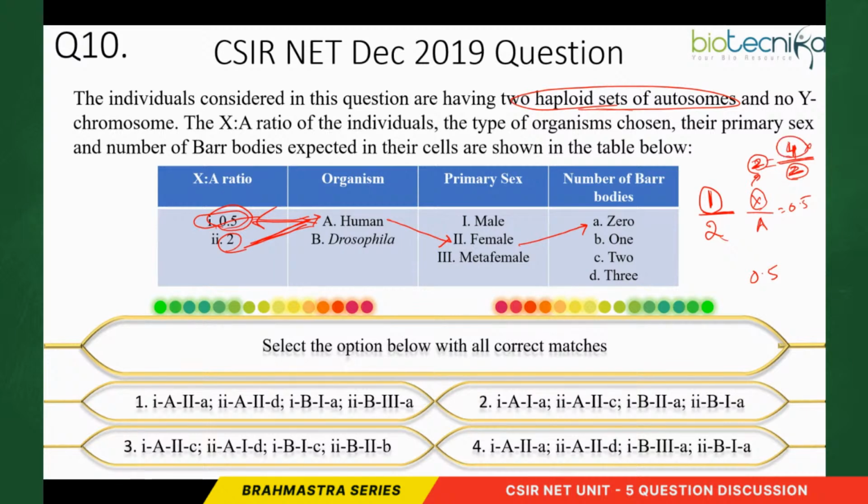So 4 X chromosomes would give rise to female only, not meta female, because in Drosophila it would be meta female if the ratio goes more than 1. So for Drosophila, ratio 2 should be meta female.